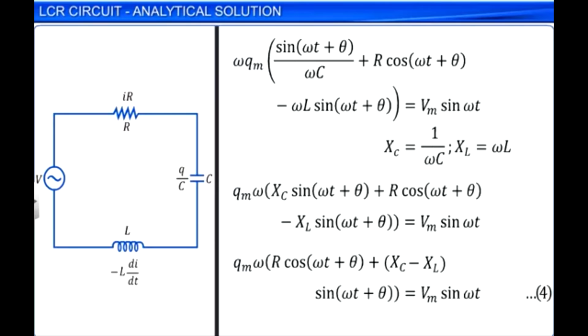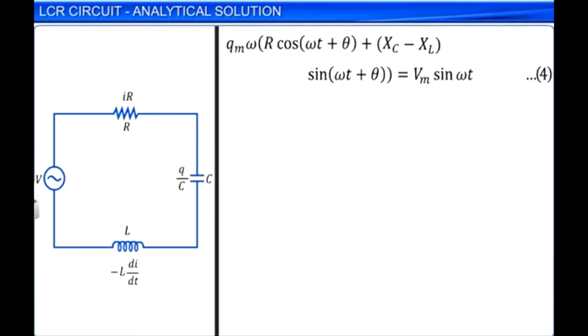Similar to resistance in a DC circuit, we introduce a quantity impedance in AC circuits, denoted by Z. Here, Z is the impedance of the LCR series AC circuit and is expressed as Z equal to under root R² plus (Xc minus XL)². In equation 4, multiplying and dividing the left-hand side by the impedance of the circuit Z, we get equation 5.